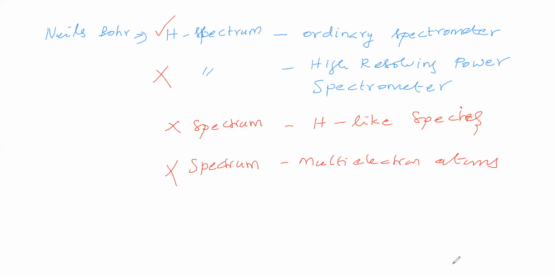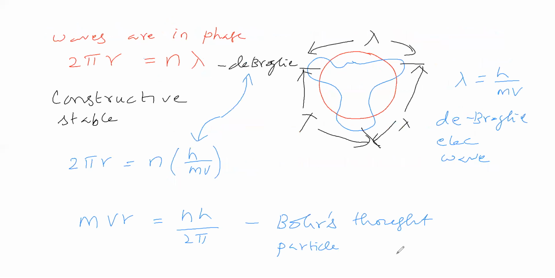So what is the difference between de Broglie and Niels Bohr? Niels Bohr says the electron is mainly a particle, but de Broglie says the electron has dual nature. This is correct. So de Broglie's concept is more advanced compared with the Niels Bohr model, and that is why the Bohr model has limitations.